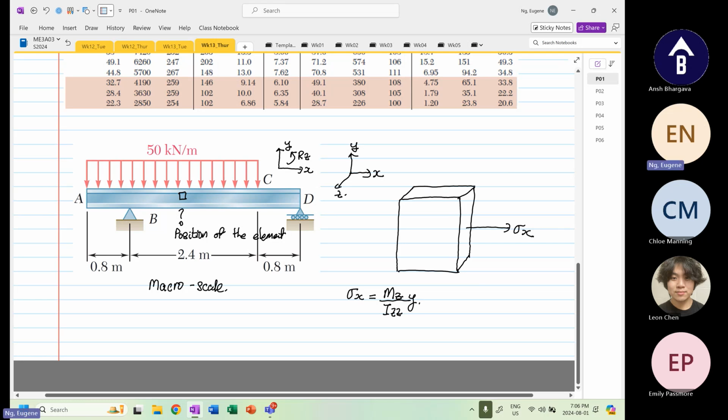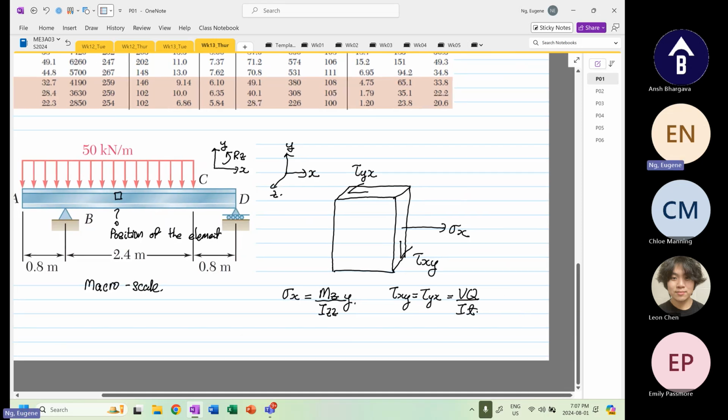Then after that, we also need to determine our shear, so this is our shear xy and this is our shear yx. We are aware that shear xy is equal to shear yx, and this will be equal to VQ over IT.